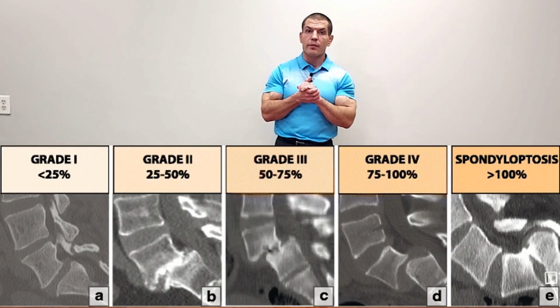Now, the good news is that in most cases, you don't need surgery for a spondylolisthesis, and the presence or absence of a spondylolisthesis is not highly correlated with people who do or don't have back pain.